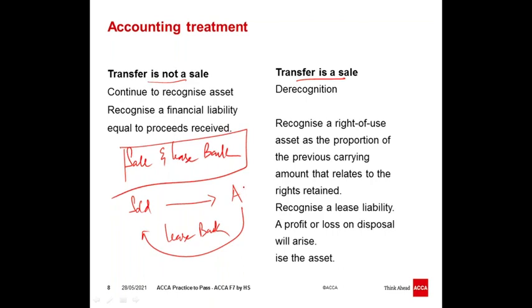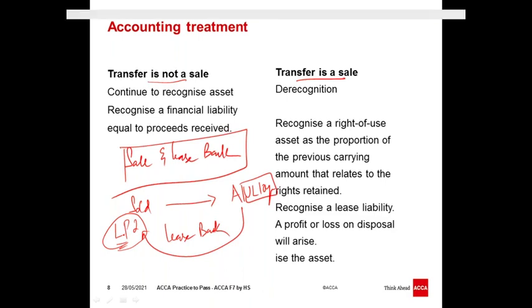Suppose the useful life of the asset is 10 years, but we have taken this asset on lease terms for a period of 2 years. So if the useful life is 10 years and the lease period is 2 years, what do you think? Whether this transfer is a sale or this transfer is not a sale?